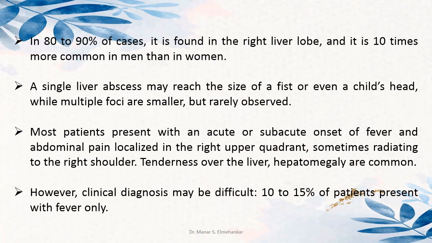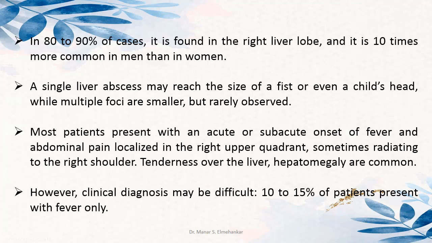In 80 to 90% of cases, it is found in the right liver lobe, and it is 10 times more common in men than in women. A single liver abscess may reach the size of a fist or even a child's head, while multiple foci are smaller but rarely observed.